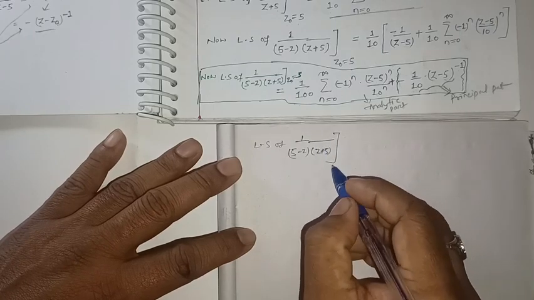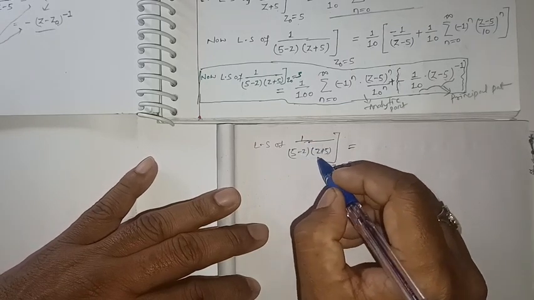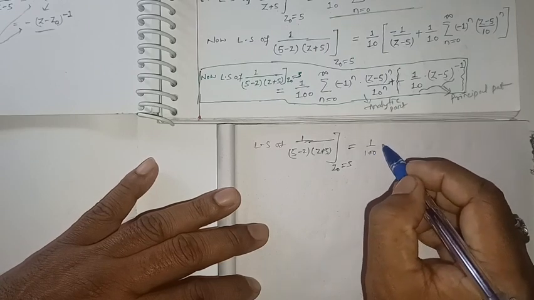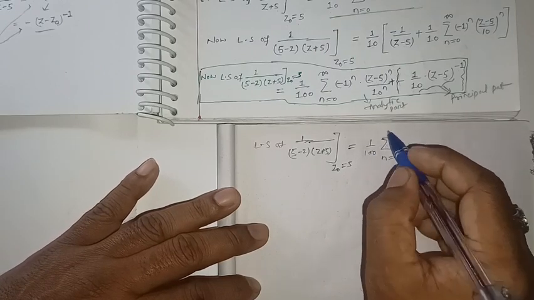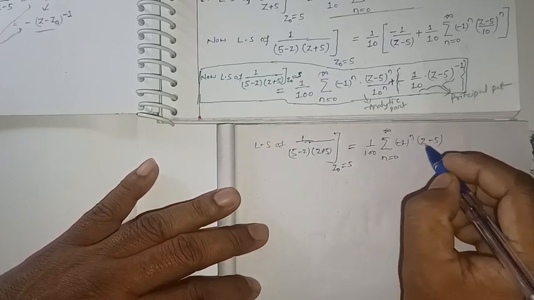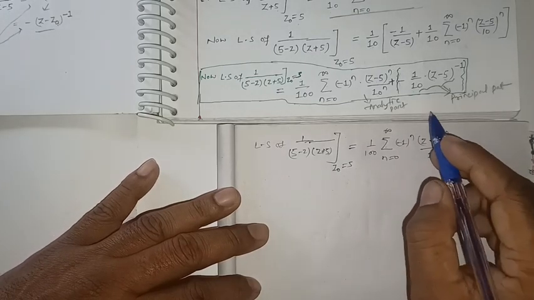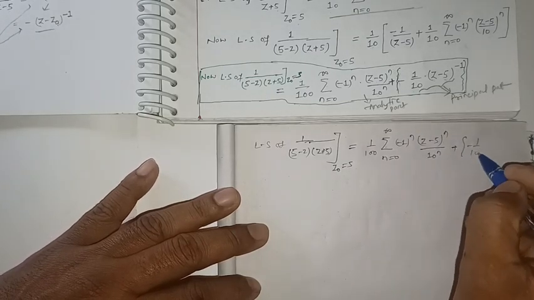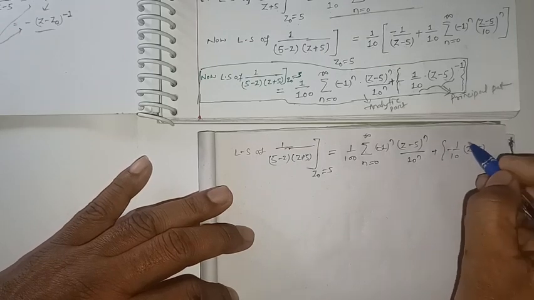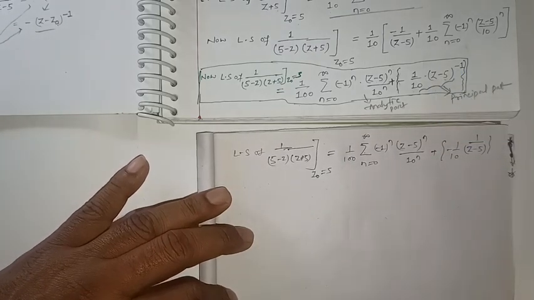See, this is your revision class. So for 1 by (5 - z)(z + 5) about z0 equal to 5, we found 1 by 100 summation over n equal to 0 to infinity of (-1)^n (z - 5)^n by 10^n, then plus minus 1 by 10 into (z - 5)^(-1), or we can write 1 by (z - 5).